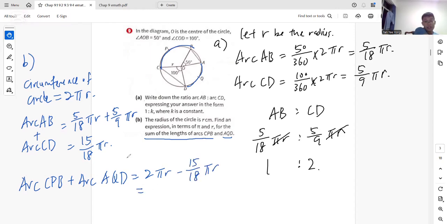Let me do a quick calculation. It will give me 7 over 6 pi r cm. So this is the sum of the length of arc CPB and AQD, and this is it for question 9.